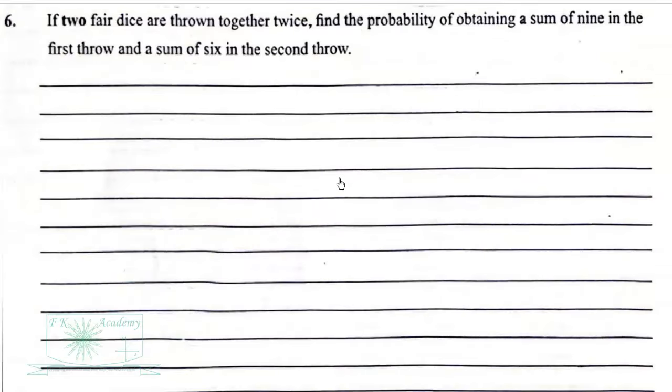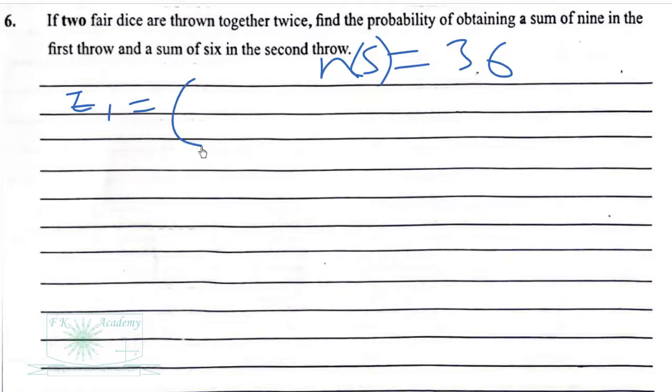Let's look at question number 6. If 2 dice are thrown together twice, find the probability of obtaining a sum of 9 in the first row and a sum of 6 in the second row. So the sample space here will be 36 because we are having 2 dice. Then the first event here is obtaining a sum of 9.